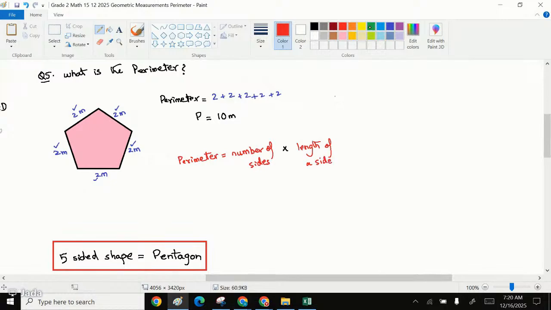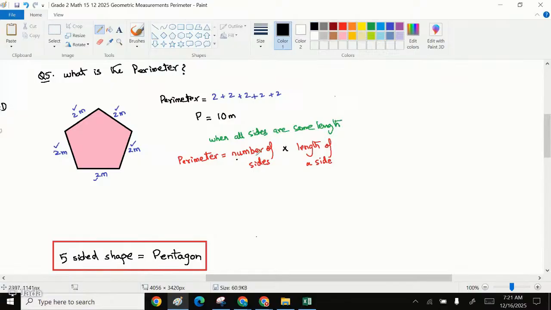But this is only applicable when all sides are of the same length. They have to be of the same length, right? When all sides are of the same length.